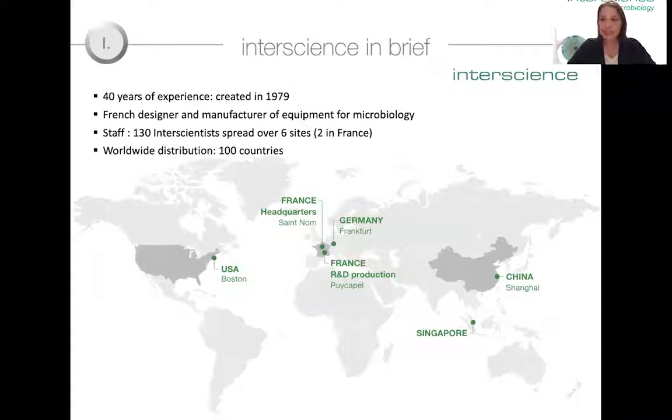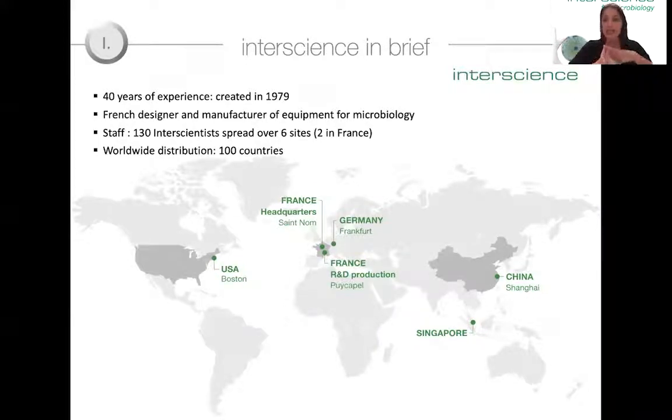So Interscience, for those of you who haven't heard of us, we've been around for quite a while now, just over 40 years. We design and manufacture equipment for microbiology labs. We have a staff of just above 130 people spread over 6 different sites. So there's 2 in France. We have our headquarters, commercial headquarters close to Paris.